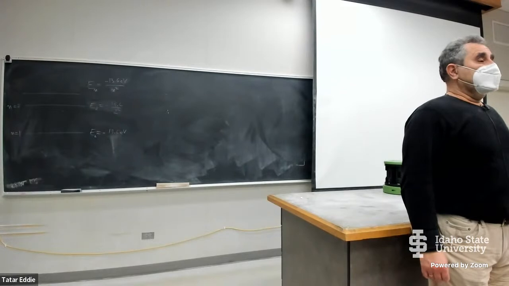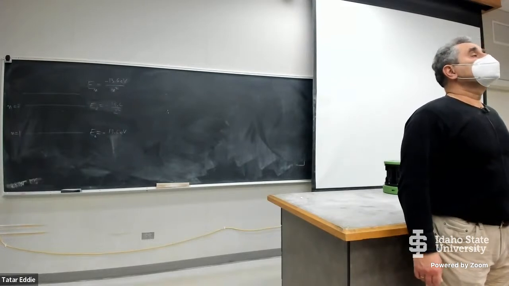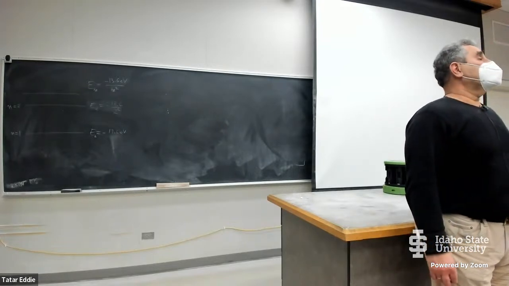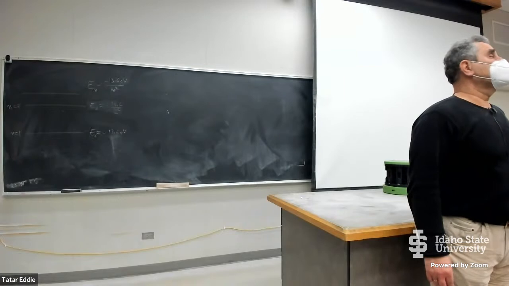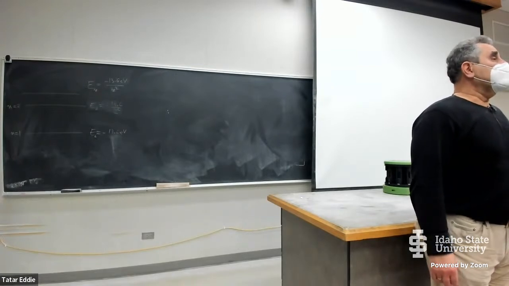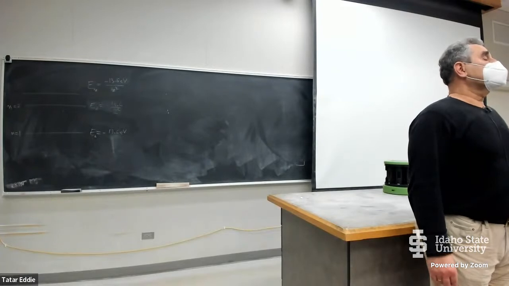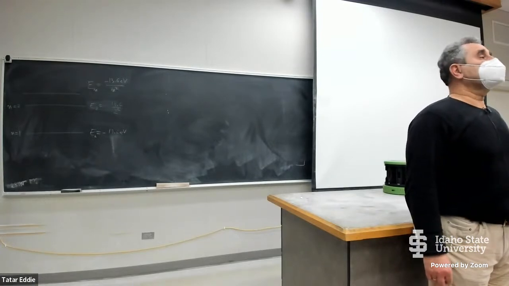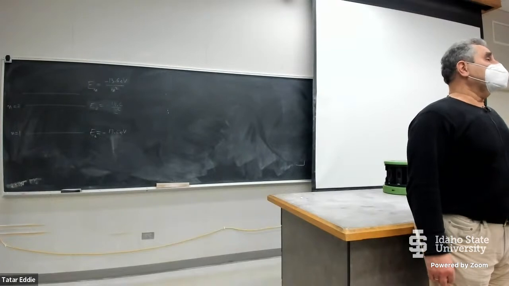Now, the question is, how do you describe the state of the electron in a more complex atom that may contain multiple electrons? And the answer again is given with quantum mechanics. And the answer is that you need 4 numbers to fully describe the state of an electron in any atom.